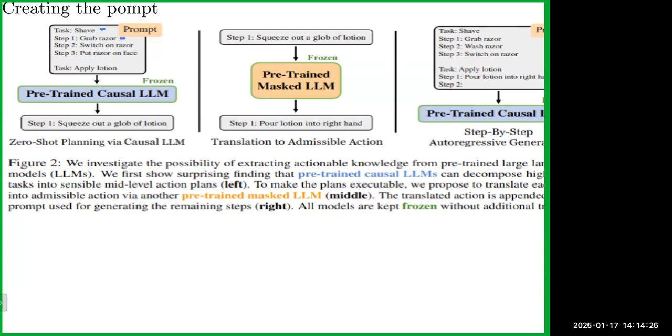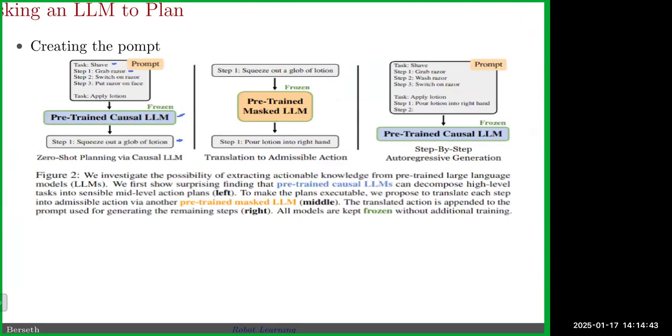Sounds terrifying if you're a robot. Then some of this is provided to the pre-trained causal LLM to get a new step for the next step, and it's a prompting process.